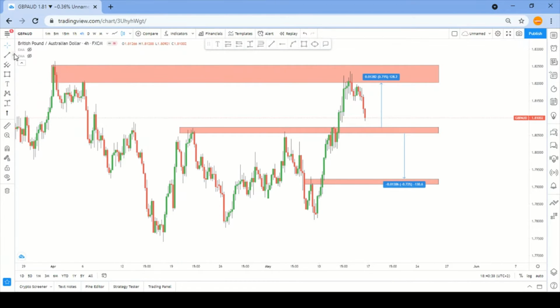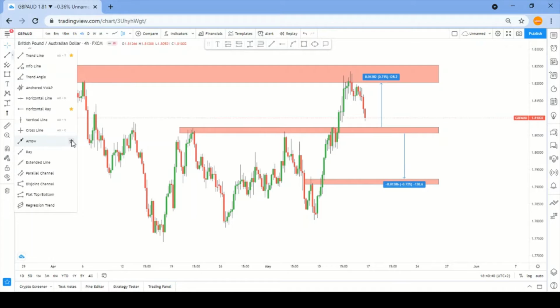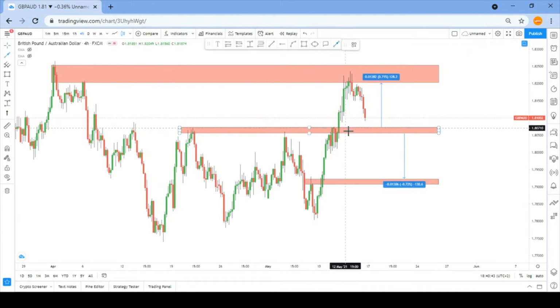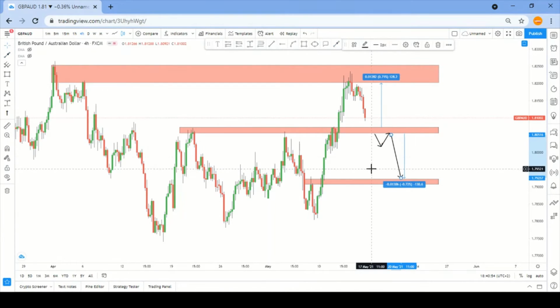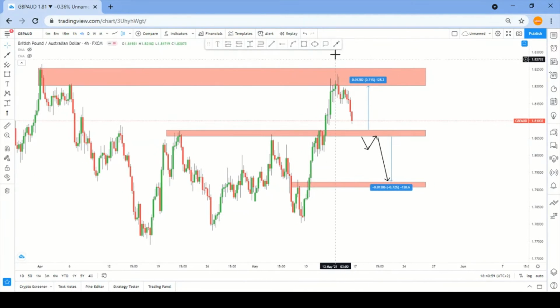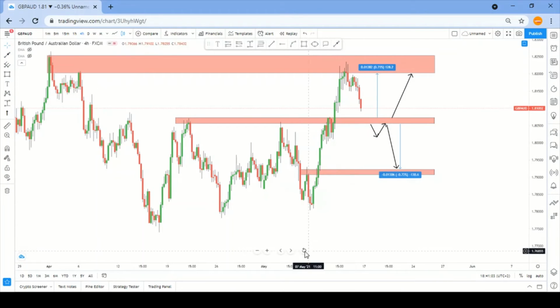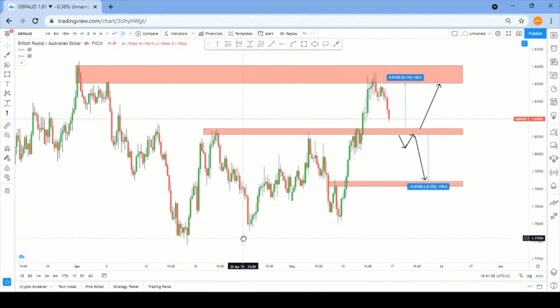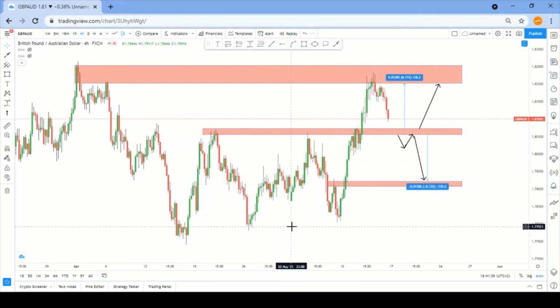We would like price to do that and come all the way down. That is what we'd be looking at on this trade. Or we would just expect price to push up this way. And that is the analysis for this week's GBP AUD. Structurally, this is what I believe could happen, right? So that is my analysis.